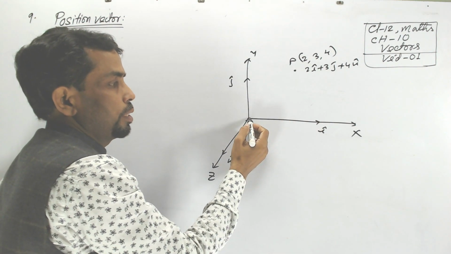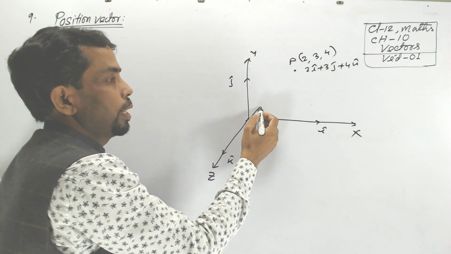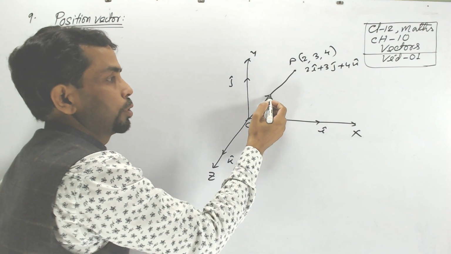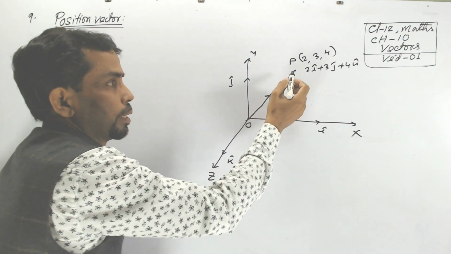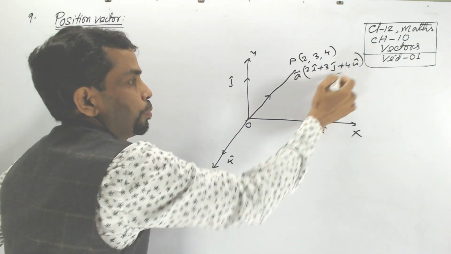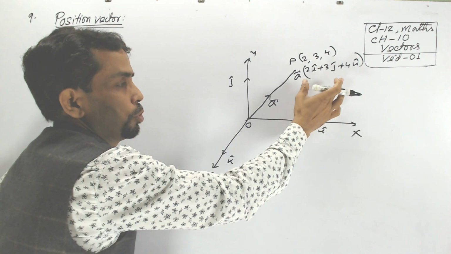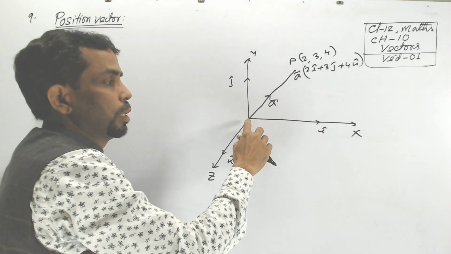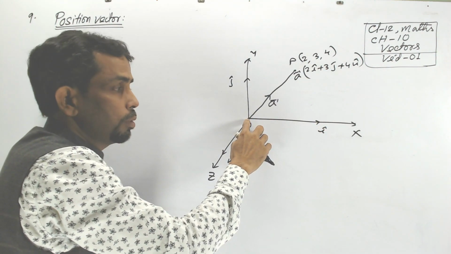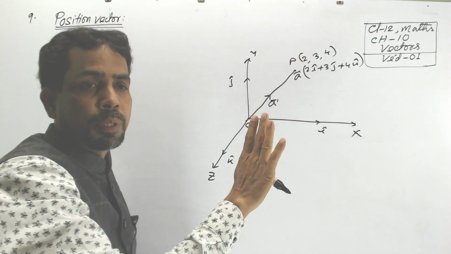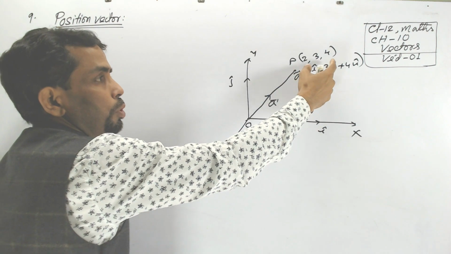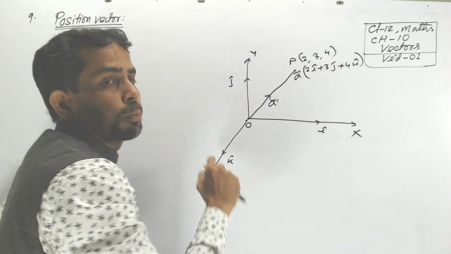From the origin you draw a line and give direction to the line, and we know every directed line segment is a vector. If you represent this vector by A, it is the position vector, a vector whose starting point is the origin and which goes to the point given by the coordinates. It is called the position vector of the point.